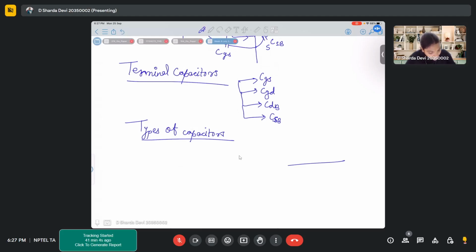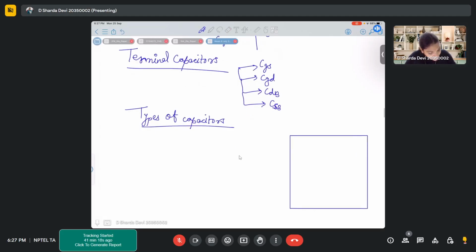So for simplicity, let's say I draw a MOSFET with source, drain, and gate.